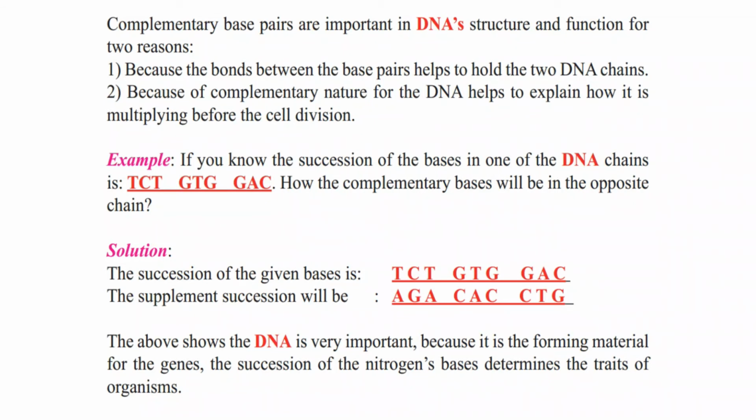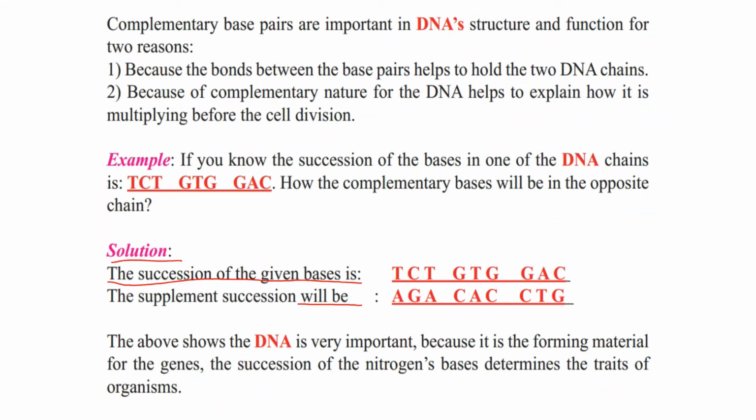For example, if you know the succession of the bases in one of the DNA chains, like TC, TG, TG, GAC, while it makes groups of 3, I will explain it after, how will the complementary bases be in the opposite chain? So for a solution, we write the given succession of nitrogenous bases, and then we complete it.